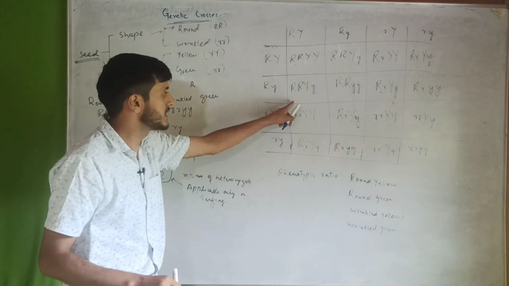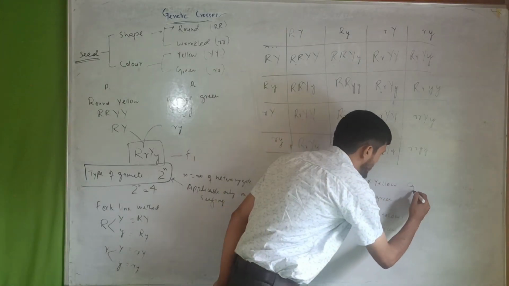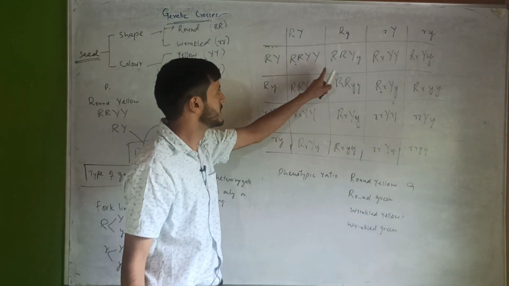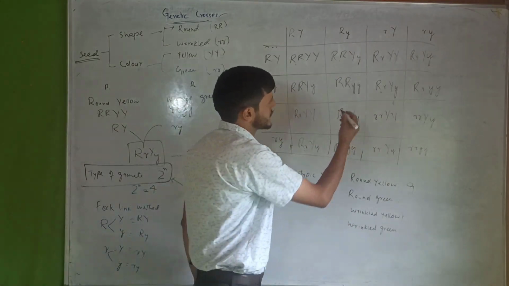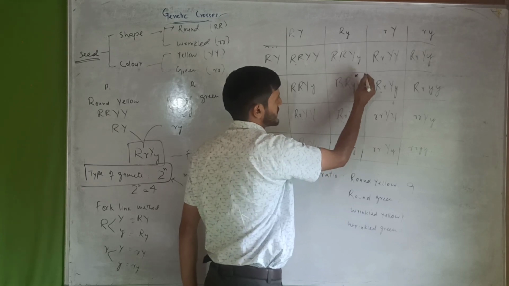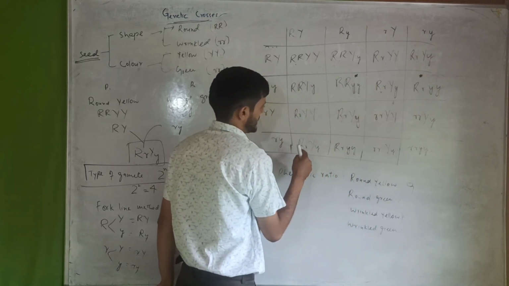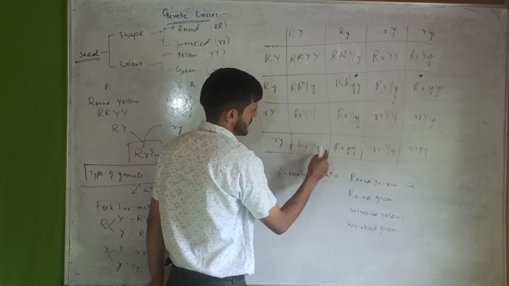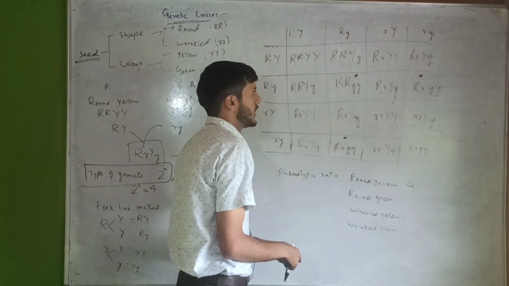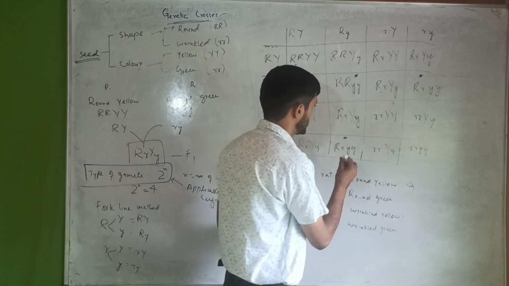Nine are round yellow. Round green, round green, round green, round green, round green. How many individuals are round green?